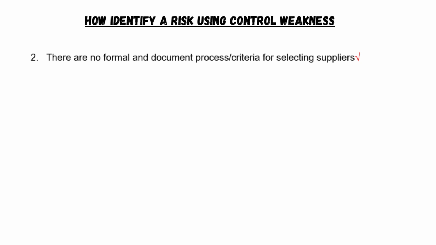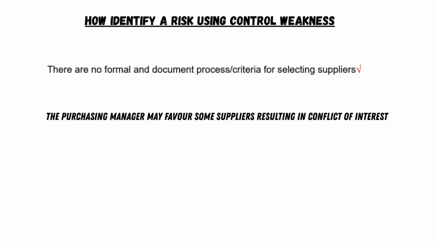Meaning that you can then start thinking in your mind that as a result of no formal or documented process or criteria for selecting suppliers, there is a risk of favoritism resulting in a conflict of interest. A formal criteria or process will ensure that we are consistent across different suppliers. We look at your pricing, we look at the quantity of goods that you're going to provide for us.